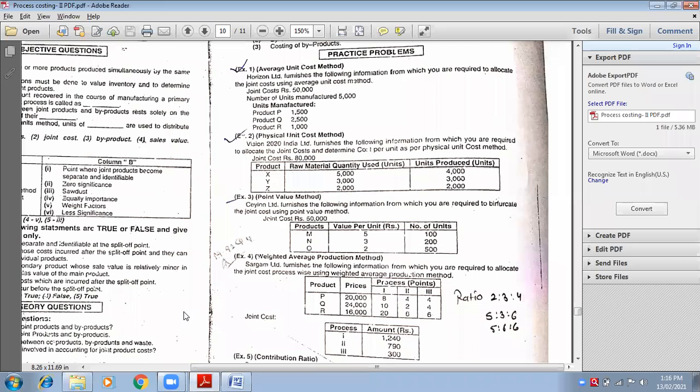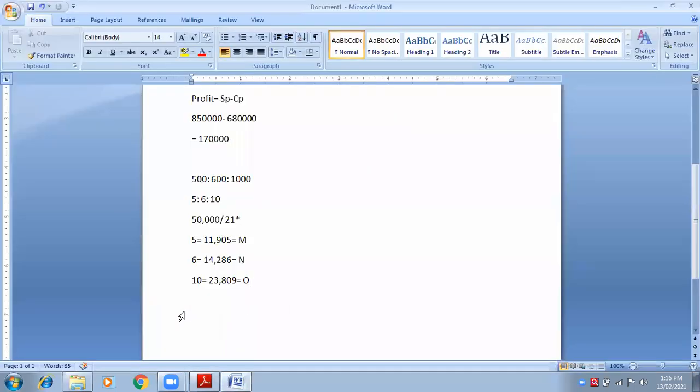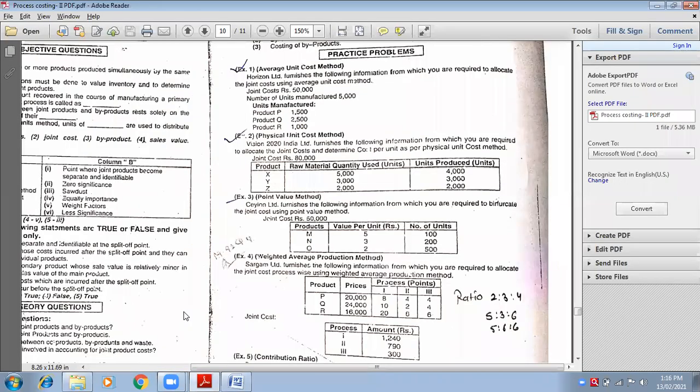Next, for N, what is the cost of N? 14,286, divided by how many units? 200 units. Very good. So 71.43 will be CPU for N.